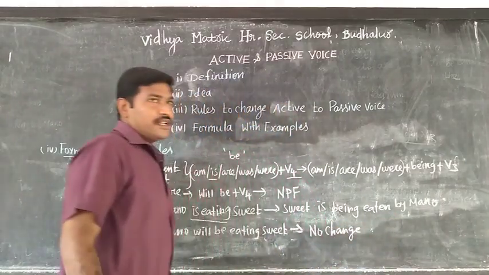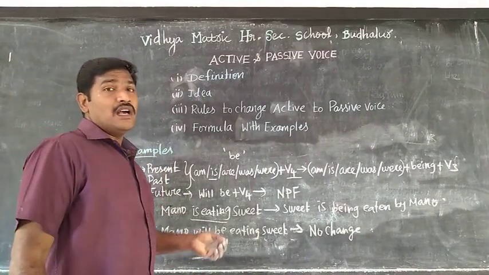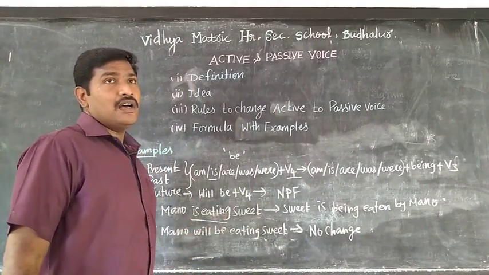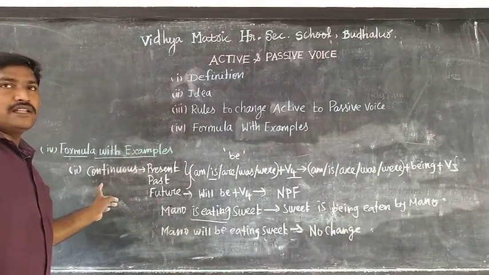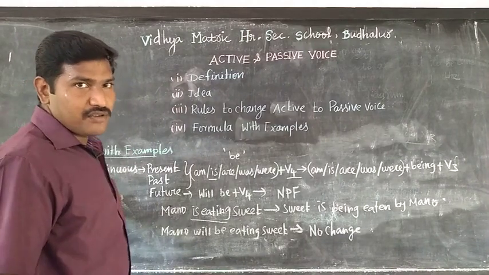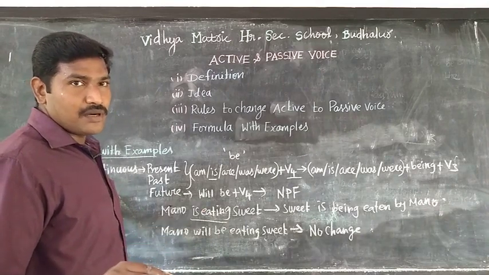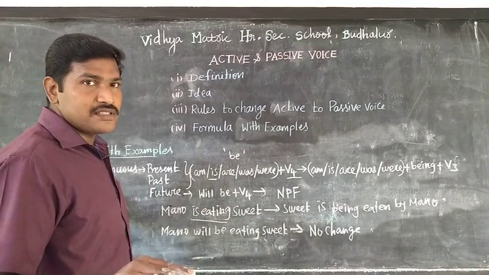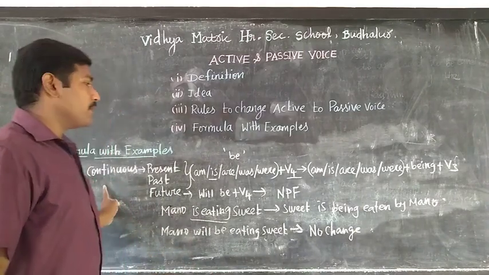There are four kinds of sentences in English that have no passive form. One of the four kinds is future continuous tense, and three more are present perfect continuous, past perfect continuous, and future perfect continuous, which also have no passive form. So four kinds of sentences in English have no passive form. Clear? Okay.